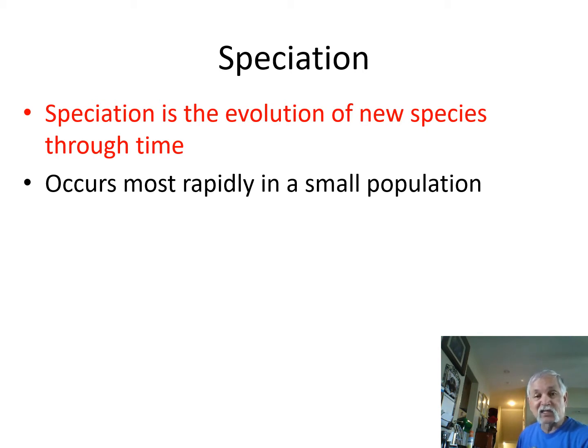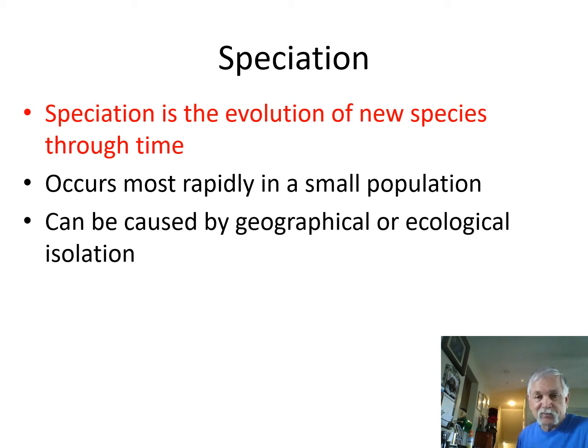So if you have an isolated population, and when I say small, we're talking about thousands. We're not talking about millions. We're not talking about dozens. But in a small population, you'll be able to see the genetic traits that allow for adaptation and for survival be much more pronounced.